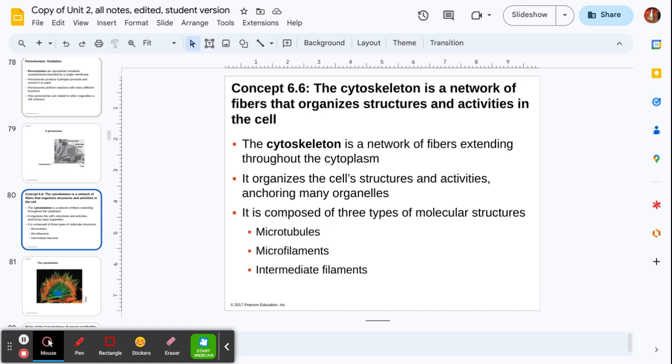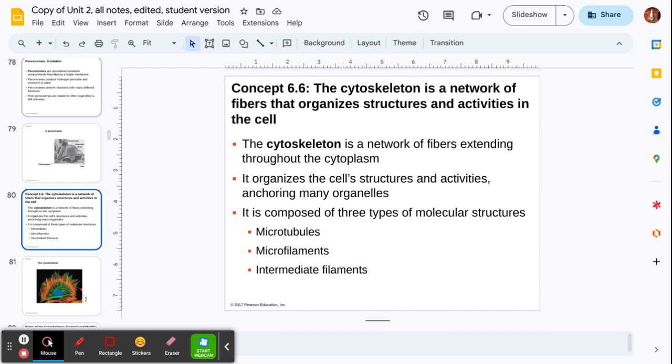The cytoskeleton goes throughout the cytoplasm. It helps to organize the different parts of the cell into little places or positions within the cell, so it organizes the cell structures. It also anchors a lot of the organelles so they don't move around. Most of the cell is going to be cytoplasm, which is water.